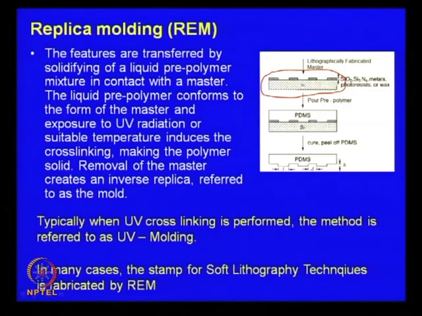If you mix them at room temperature, they typically behave like a very high viscosity liquid, and if you leave it over a period of time, or you heat it up thermally at temperatures between, let us say, 60 degrees to 150 degrees, it crosslinks into a soft solid matrix. So, here we are talking about the prepolymer, which is this liquid mixture at room temperature. You just pour it on this lithographically fabricated stamp or master.